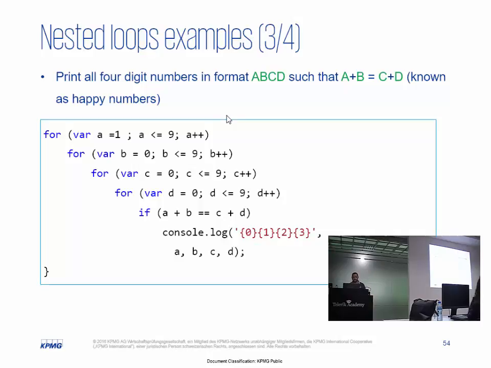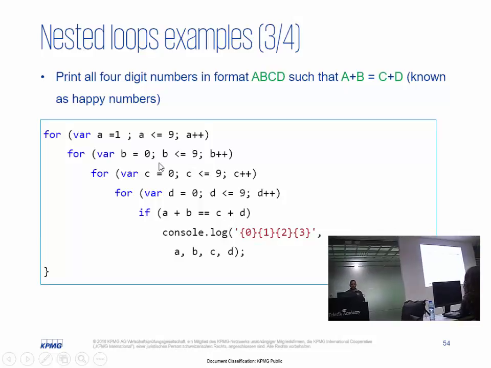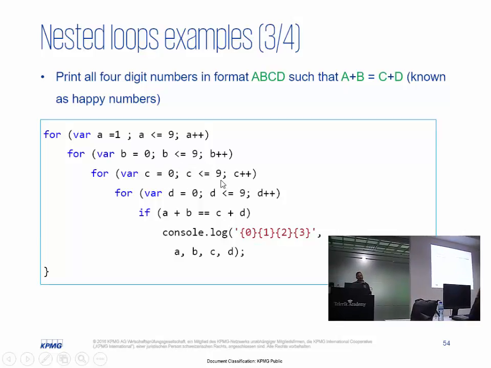Print all the four-digit numbers in format ABCD, such that A plus B equals C plus D. So we'll have to run through all the combinations. A is between 1 and 9, so it will be a four-digit number. Then between 0 and 9 is the second digit, and 0 and 9 the third digit, and 0 and 9 the fourth digit. And every time we just check this condition, and if it holds, we'll print them out and print which numbers are those.